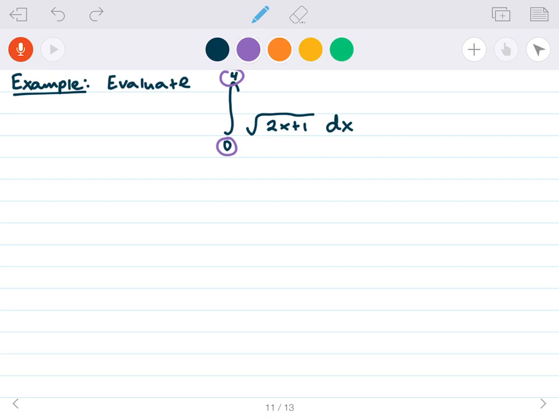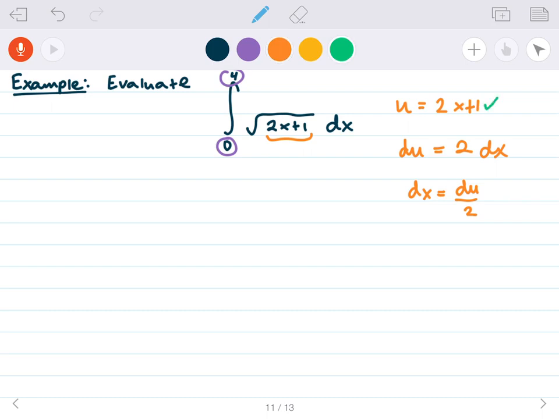And so I'm going to let u equal 2x plus 1. Therefore, du is equal to taking the derivative of 2x plus 1. Du is just going to be 2 dx. Isolating dx, we get dx is equal to du over 2. So that is what I need to do first.